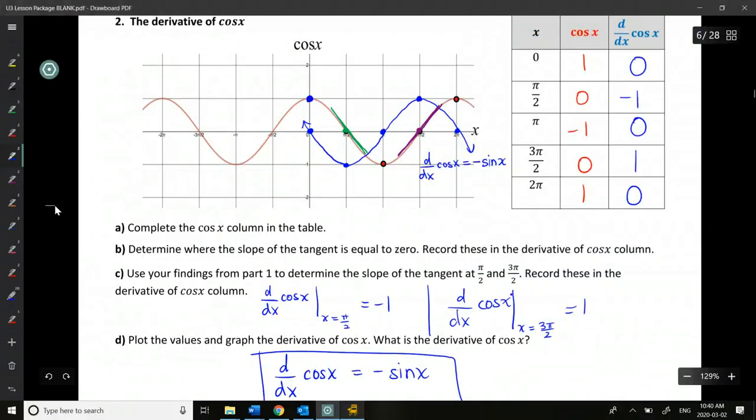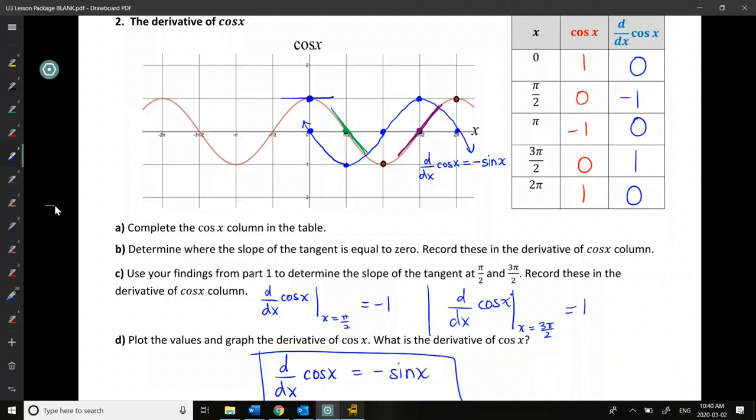Okay, so we should have filled in the points for cosine, and we can make a conclusion that 0, pi, and 2 pi have derivative slopes of 0, okay, tangent slopes of 0. And we have a maximum slope of our tangent at 3 pi over 2, which we estimated in the last one was 1, and a minimum slope of our tangent at pi over 2, which we estimated as -1.